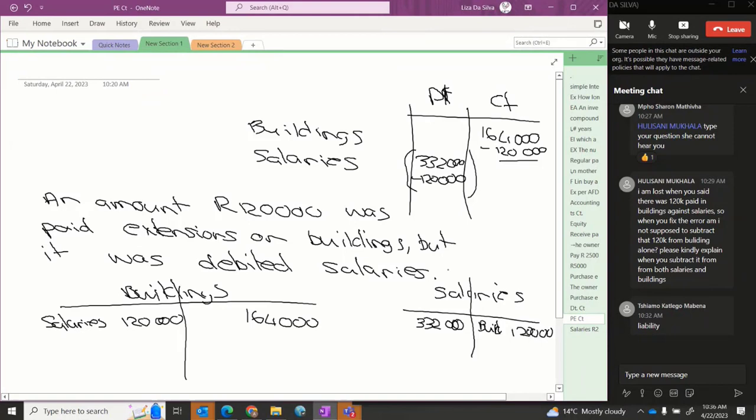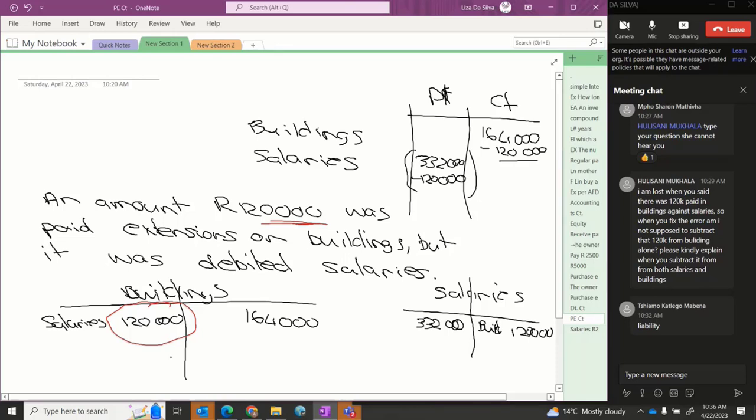They put an amount of 120,000, which was supposed to be paid for extensions on the building. So actually it should have been on the debit side because it's like enhancing your buildings. So this 120,000 here, it was supposed to be here, but it's not here.